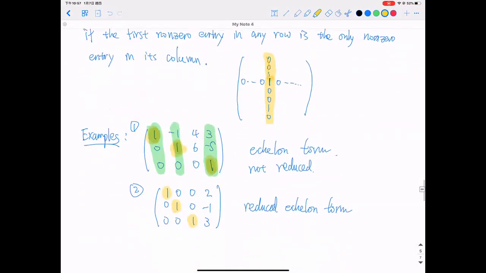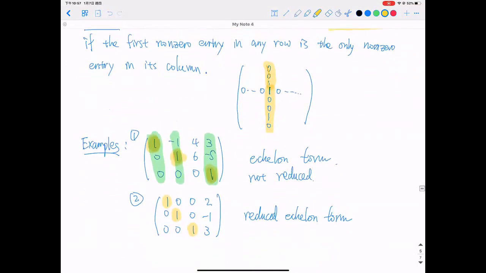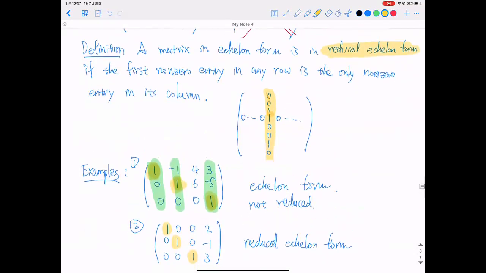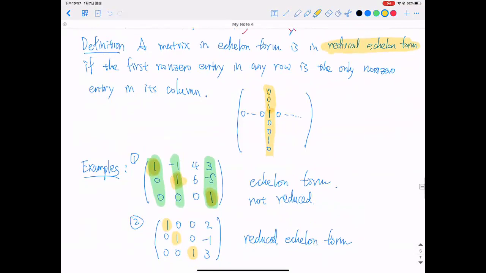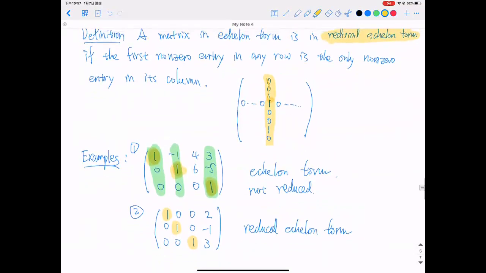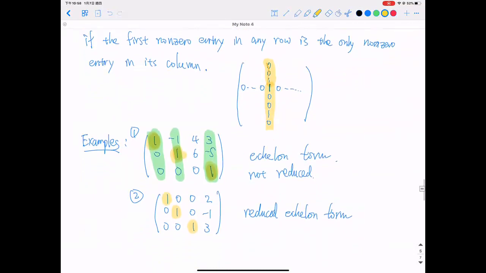And this certainly holds for this example. As you go down the rows, the first non-zero entries move towards the right. Now, for being reduced, you need the columns containing first non-zero entries to be simple enough so that there's only one non-zero entry in that column, and that's indeed the case in this example.